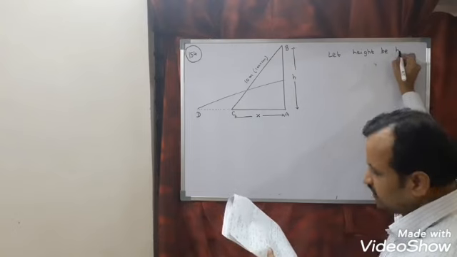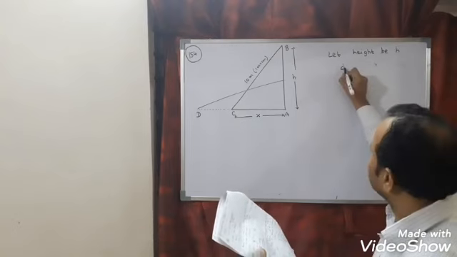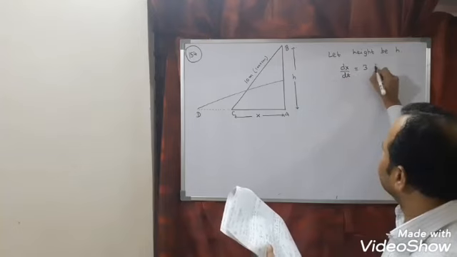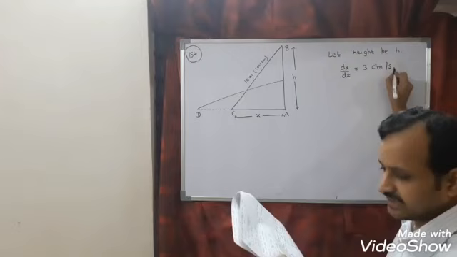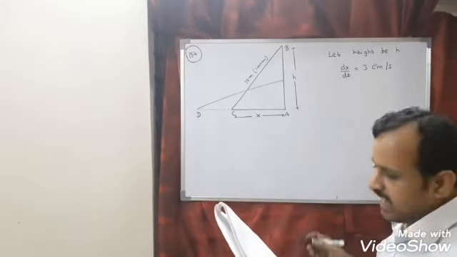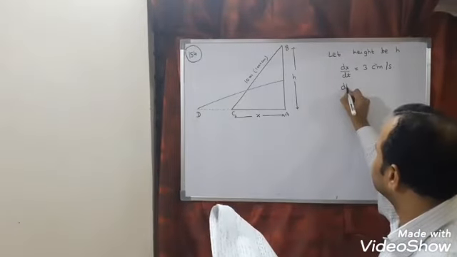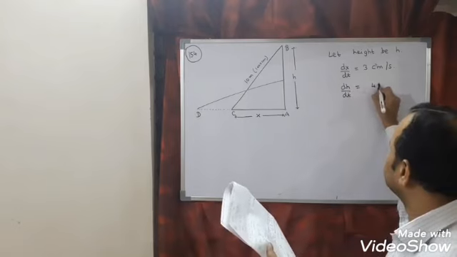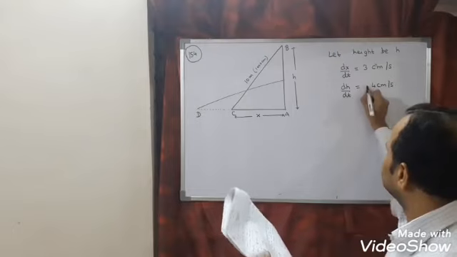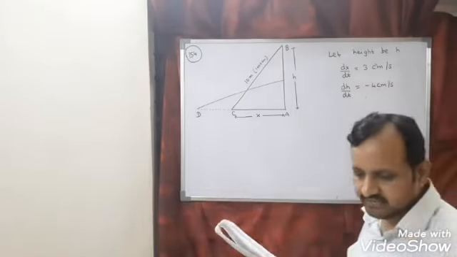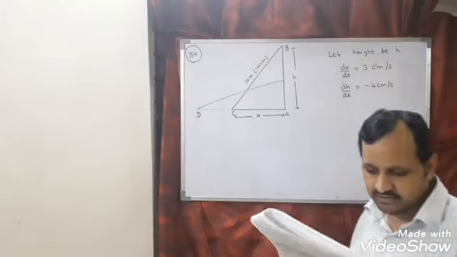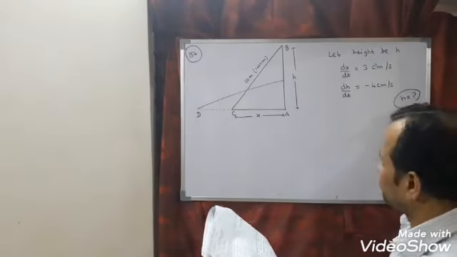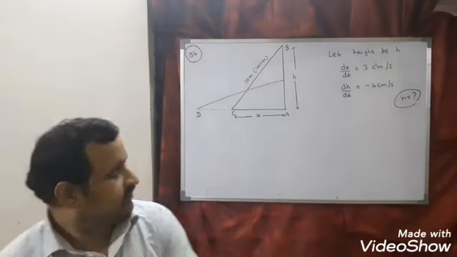Now what is given? dx by dt is given as 3 centimeter per second. Read the question properly. And the height will descend, descend means decrease, so dh by dt is given as 4 centimeter per second. Since descent is given, the minus sign will come. The question is: find h. That is the question.